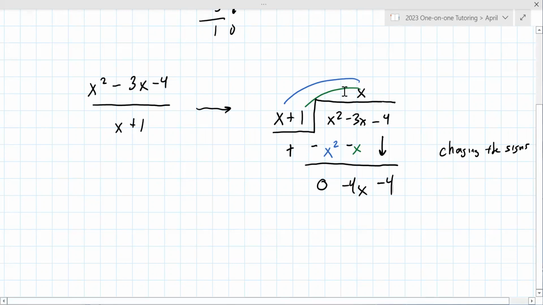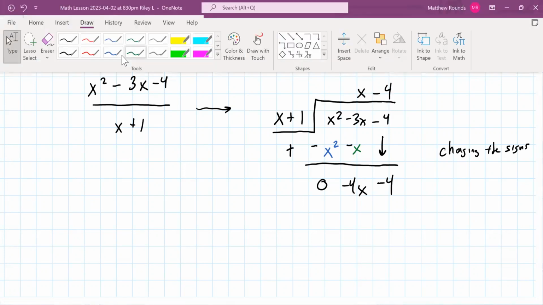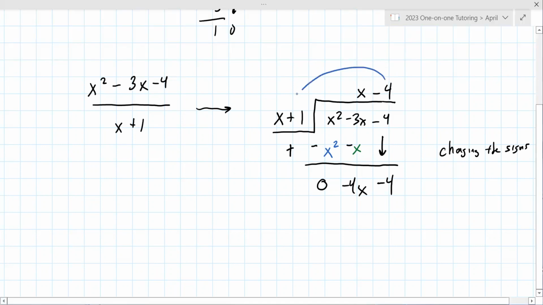All right. So now a new step here, I've got to get rid of these lines up here, is you now want to get minus 4x from x. So you ask yourself, what do you multiply x by to get minus 4x? And the answer is minus 4. So now you take this minus 4 and multiply it by x, that's minus 4x.